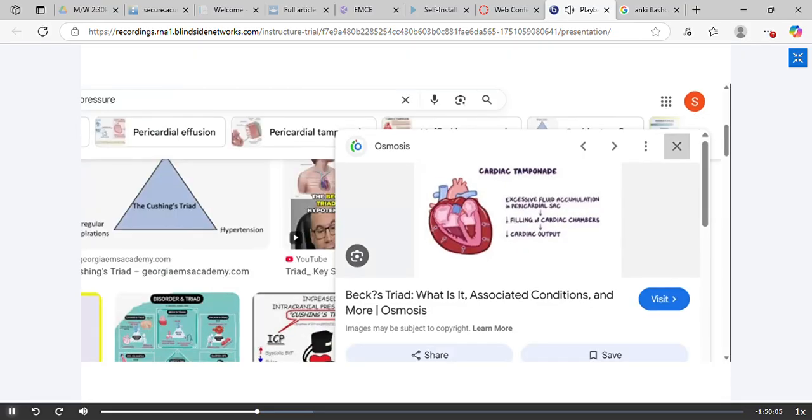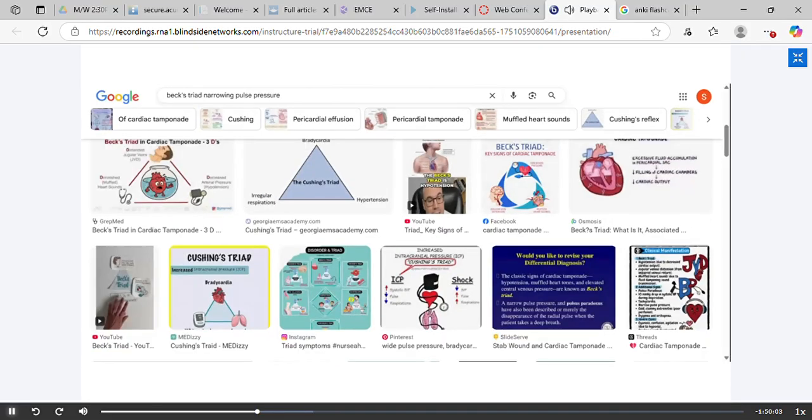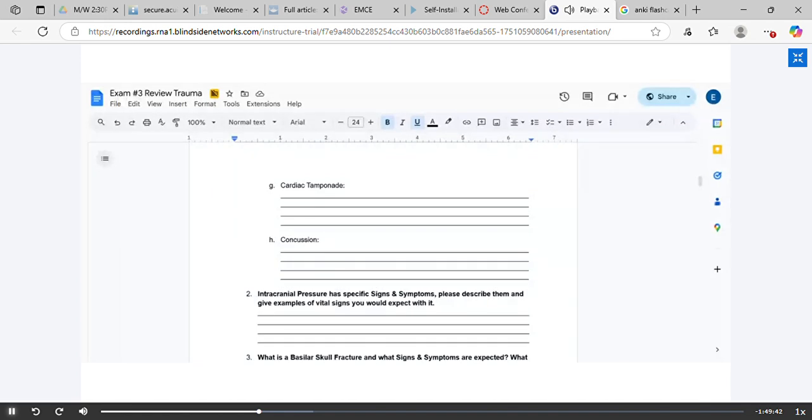So cardiac tamponade, most likely some kind of injury to the chest, okay? Or, like I said before, it can be medical. So maybe history of infection, okay? And we've got the Beck's triad, okay? JVD, muffled heart tones, and narrowing pulse pressures.